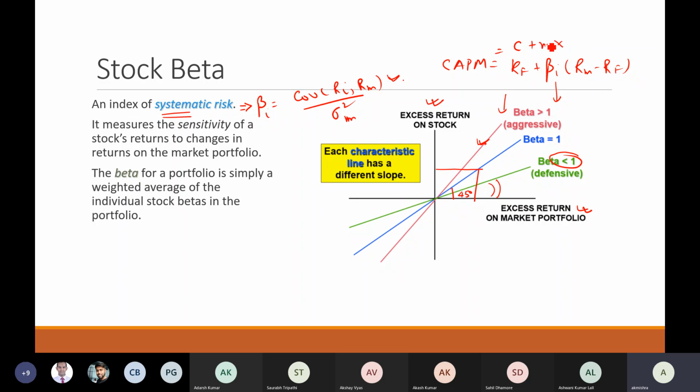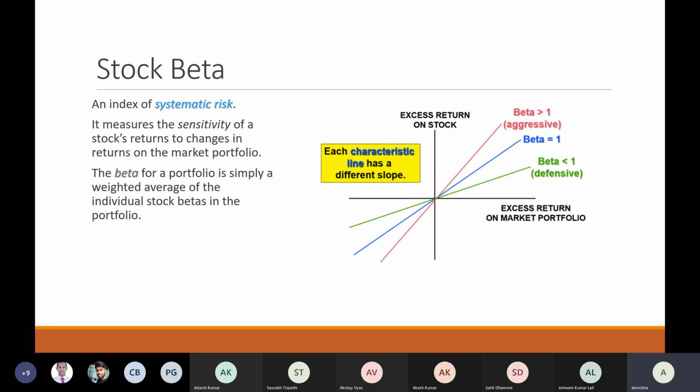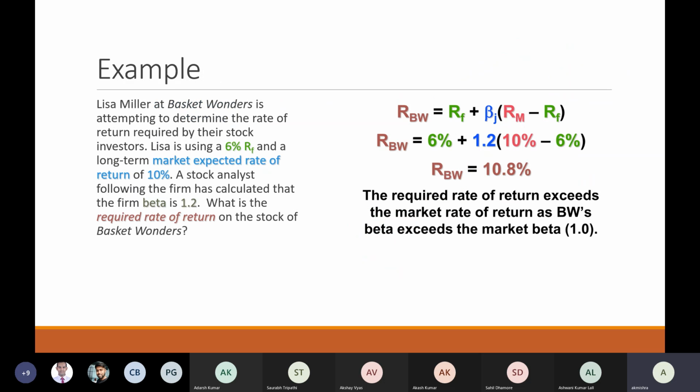Here your slope factor is basically beta. So from the CAPM point of view, beta is basically the sensitivity of your stock with respect to the market, and that is a very important consideration when we talk about portfolios.